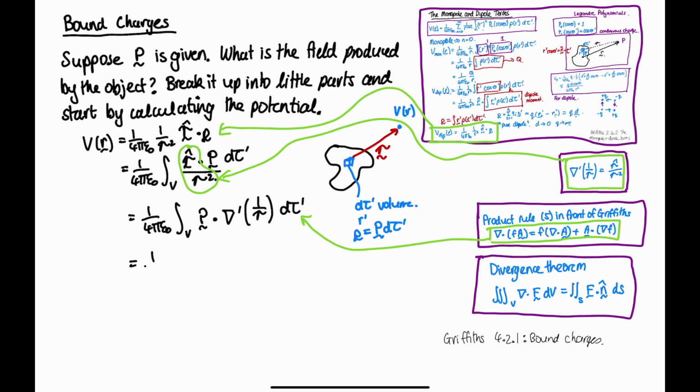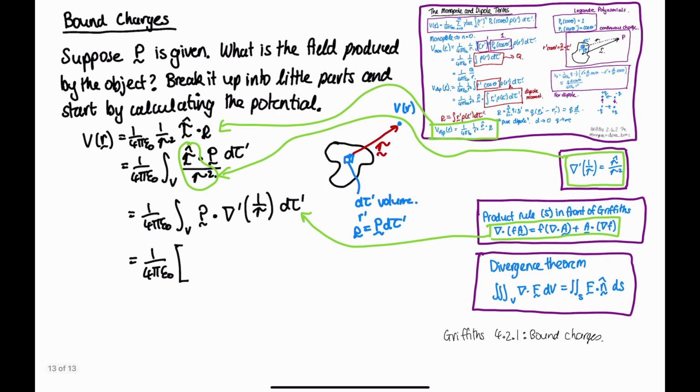So now we've got 1 over 4 pi epsilon naught, and we're splitting it into two terms. So we've now got two integrals, and the first one is the integral over volume, and we'll do this first term here.